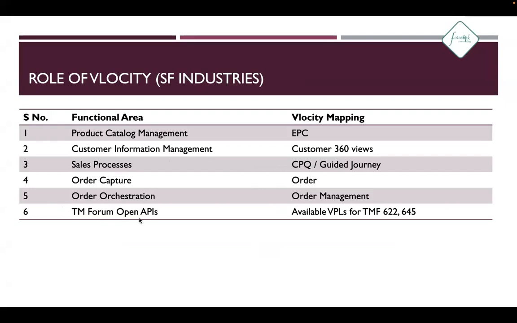And then the last thing, which is specific to the communications industry, where we have the TM Forum Open APIs, for which there are process libraries available in Velocity. When I say process libraries, that's a new term I've introduced.